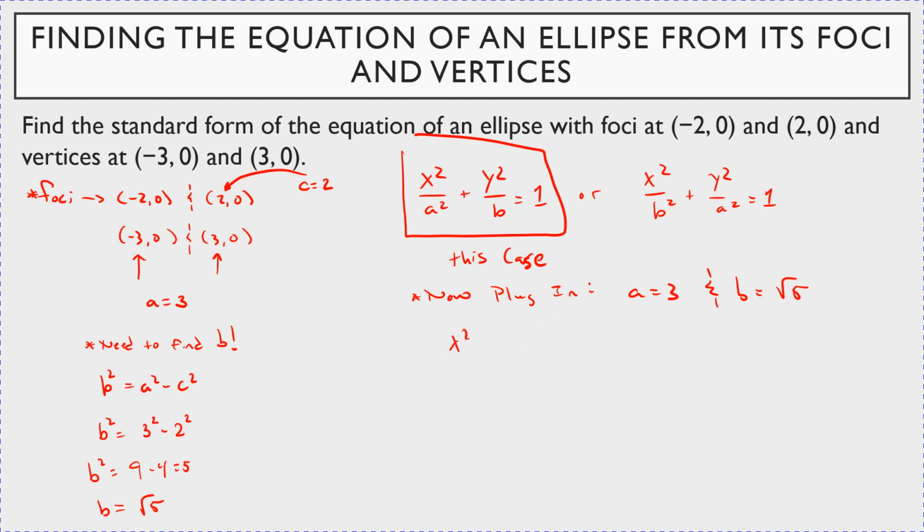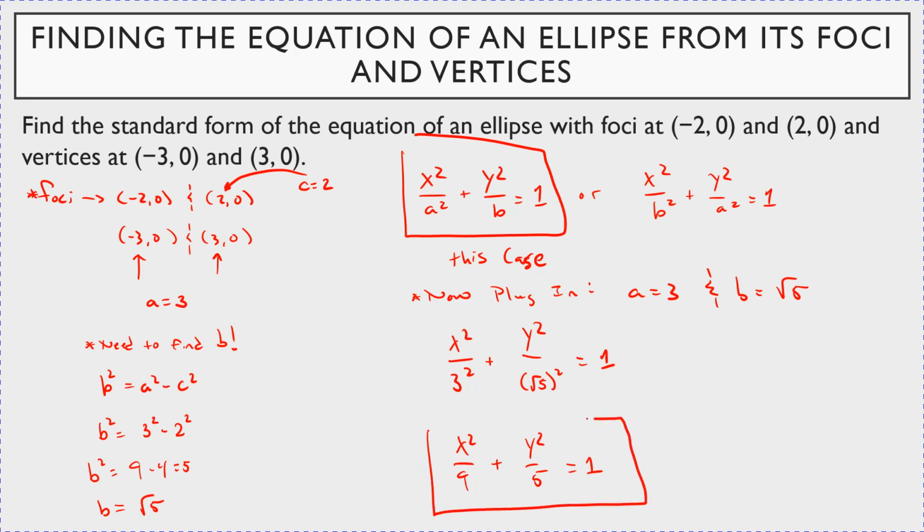So you have x squared over 3 squared plus y squared over the square root of 5 squared is equal to 1, which is just x squared over 9 plus y squared over 5 is equal to 1. Okay. So just a little bit of an extra example there. Sorry, I skipped ahead there. All right. So these last two examples have been centered at the origin.